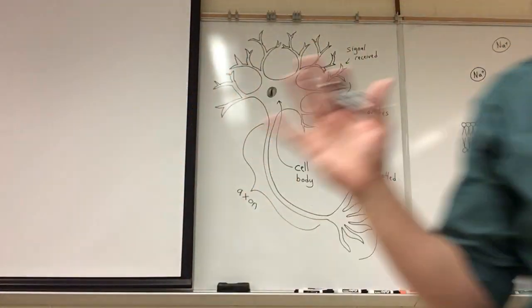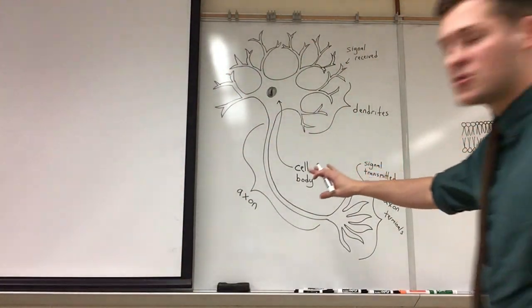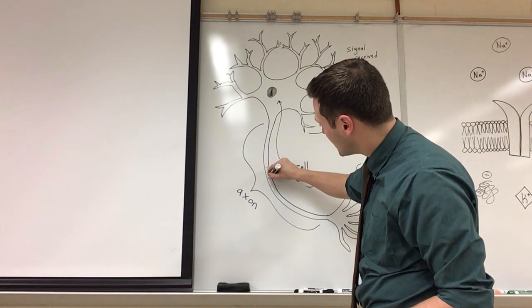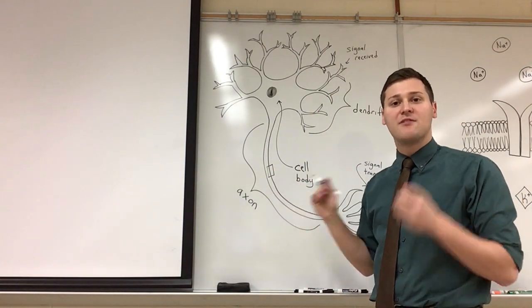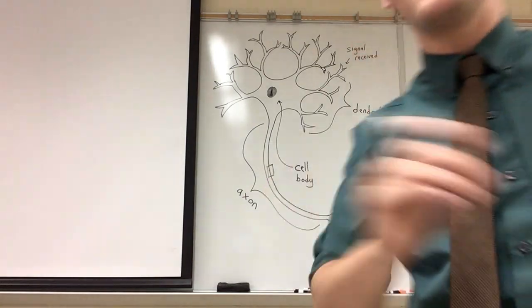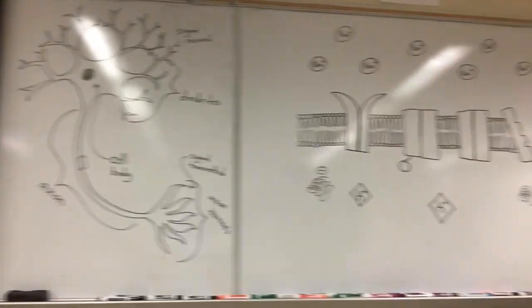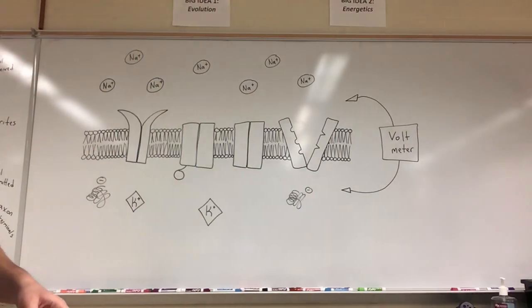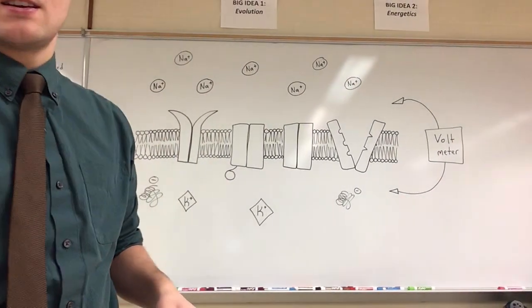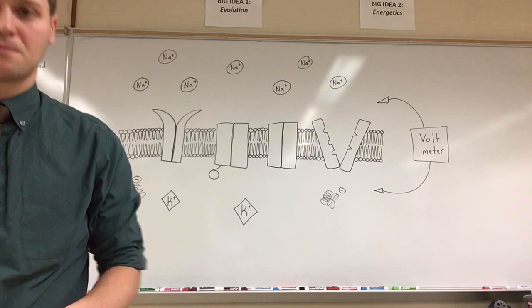So now that we know these parts, imagine if we were to zoom in right around here, right at this part of the membrane of the axon. So let's zoom in there. All right.